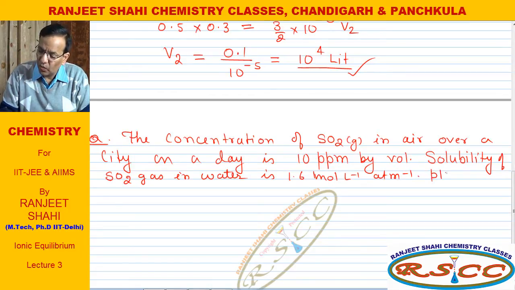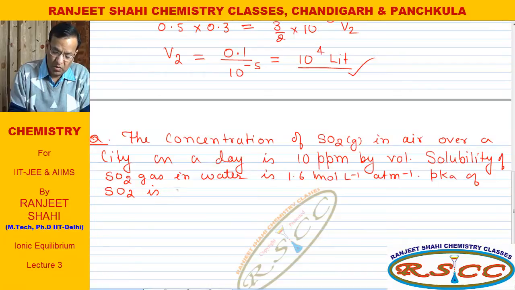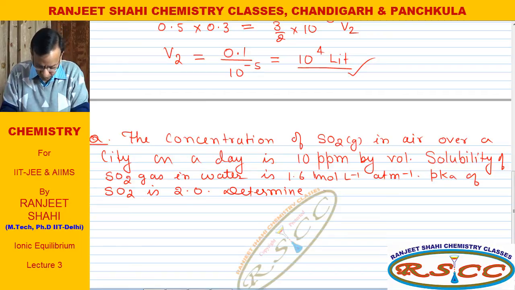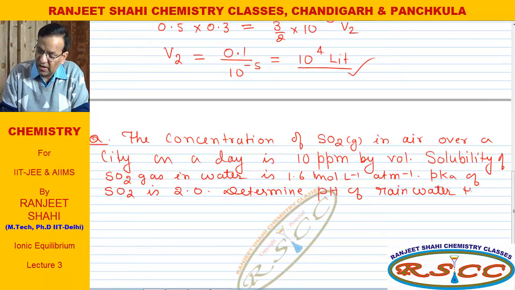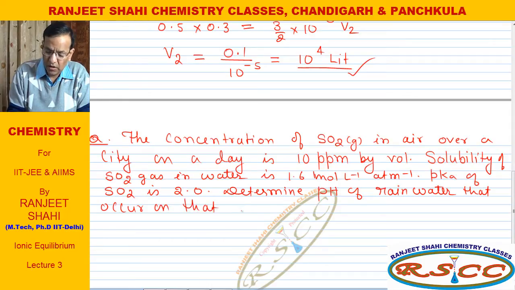Also, pKa of SO2 is 2. Determine pH of rainwater that occurs on that day.